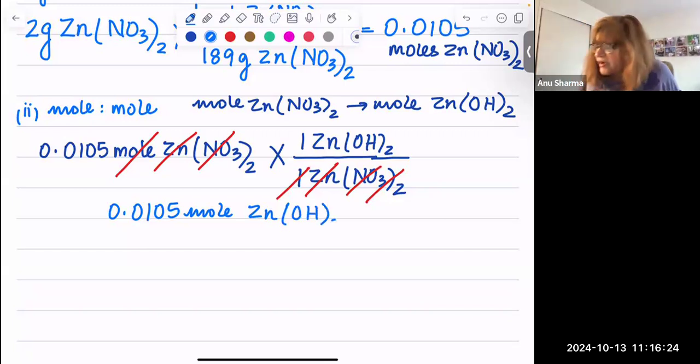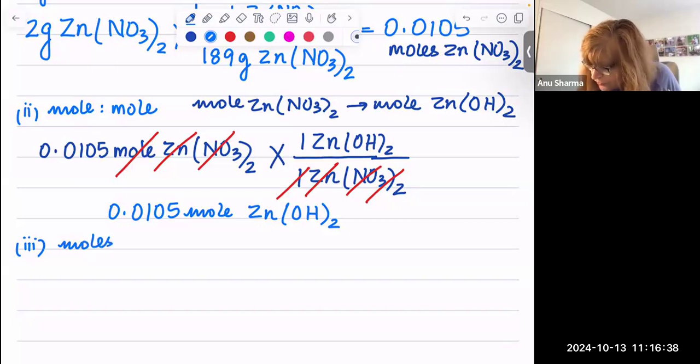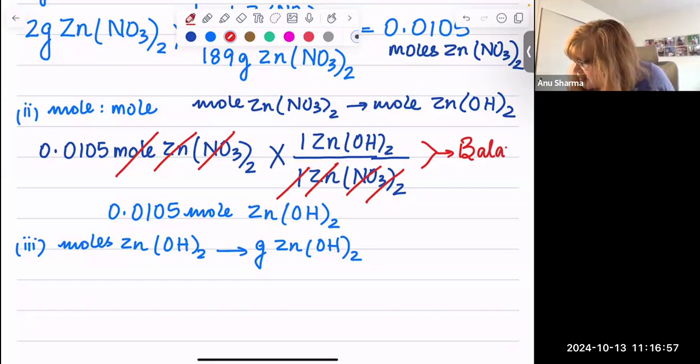Now, if the question is asking you to find the moles of this entity, you stop here. But the question is moving further. The question is saying, find the grams of zinc hydroxide. So you're going to take the moles of zinc hydroxide, OH whole twice, and convert it into grams of zinc hydroxide. In this case, this part comes from the balanced equation.